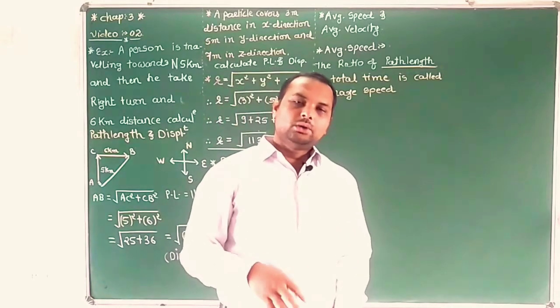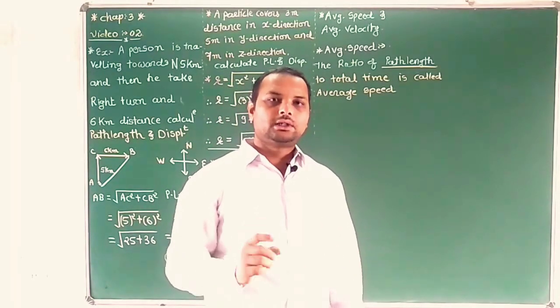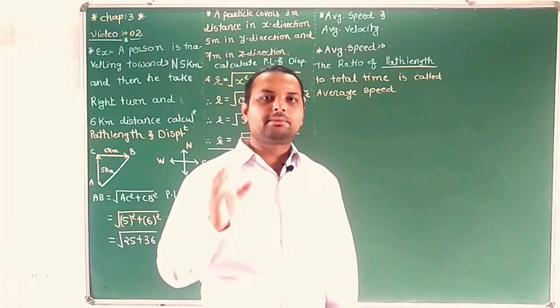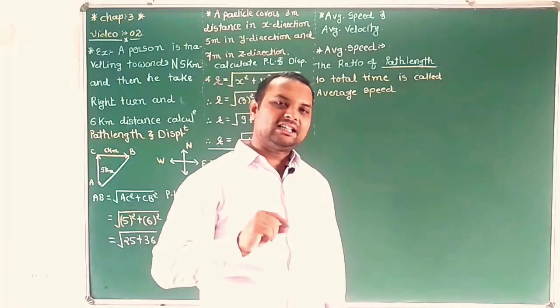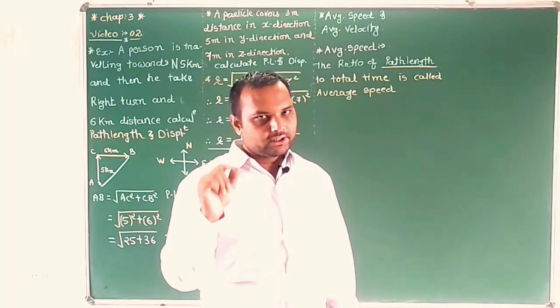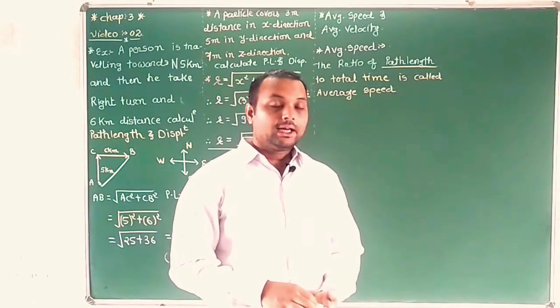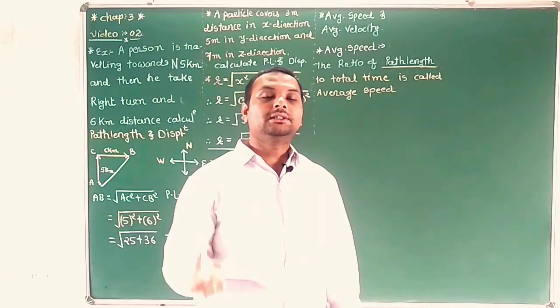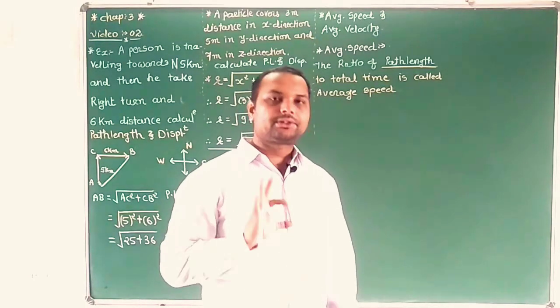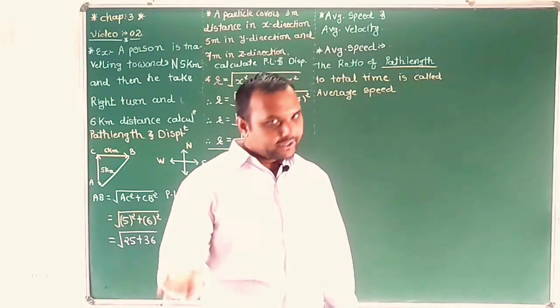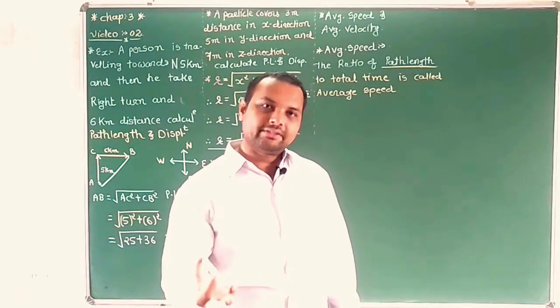You can also say that the total distance covered by the particle in that particular interval of time is called path length. As you know, the path length is indicated by delta x, delta s, delta r, delta y, delta z.